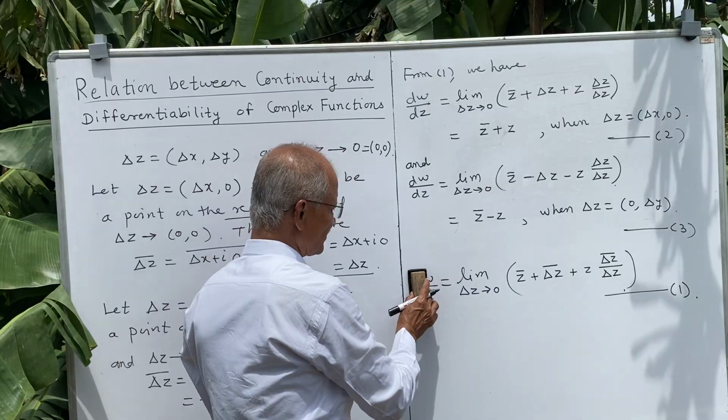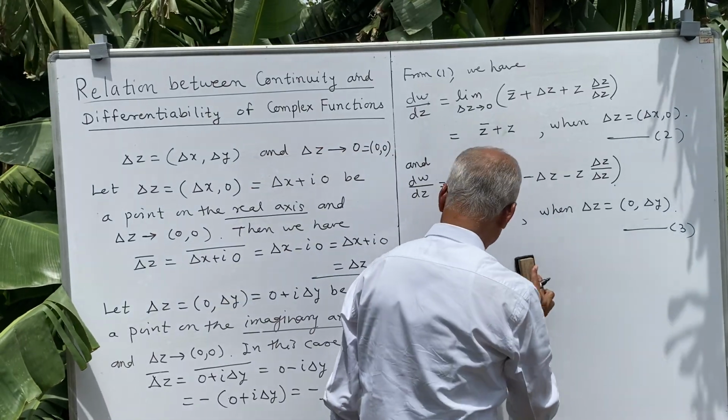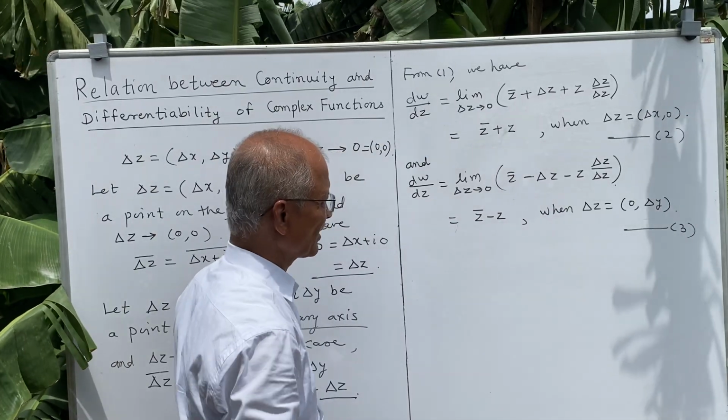But we know that if the limit or the derivative exists, it must be unique.